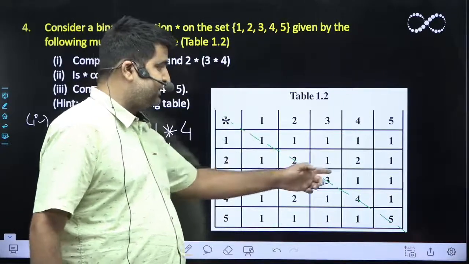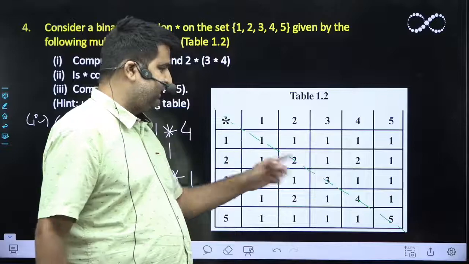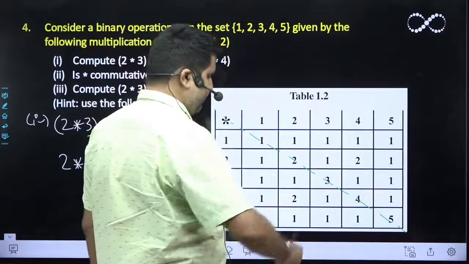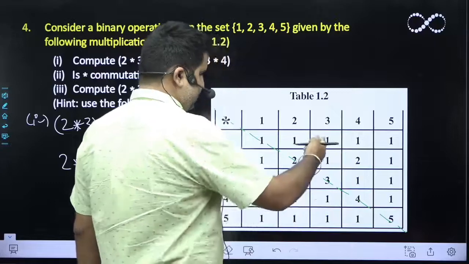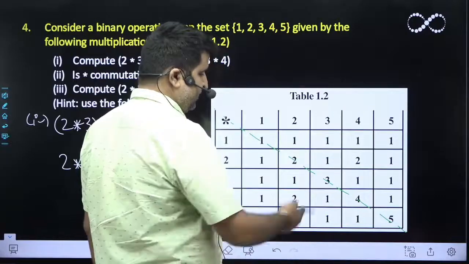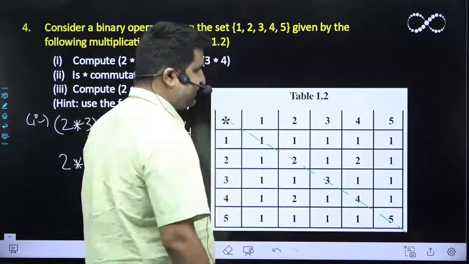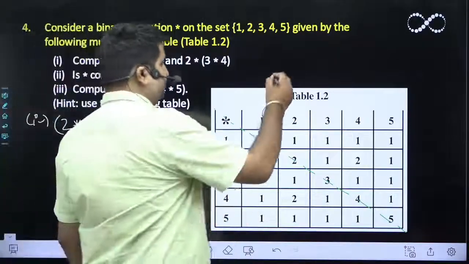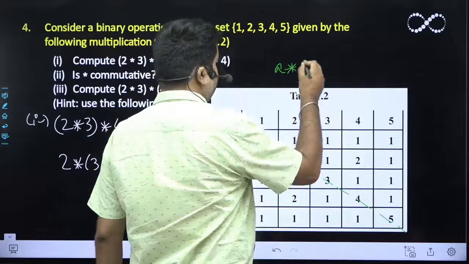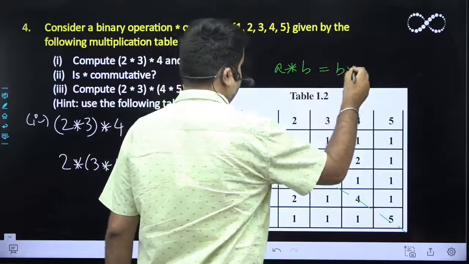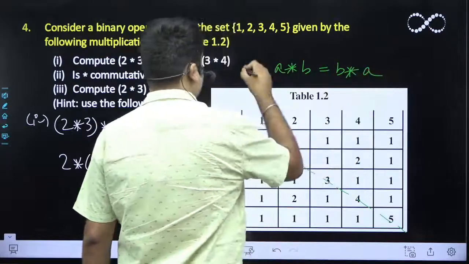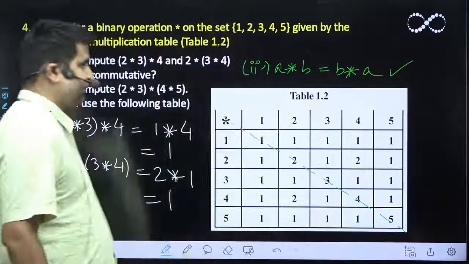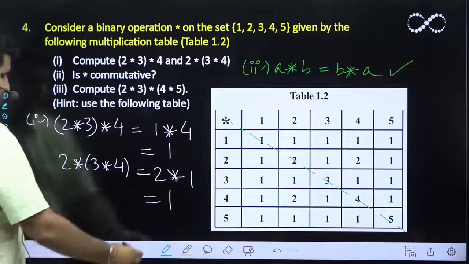So the mirror images of the boxes across this line are actually equal. This is 2 2, this is 1 and 1. Similarly, this is 1 and 1. All the mirror images are the same. So therefore, A star B will be equal to B star A in this case. So yes, it will be commutative. Okay.